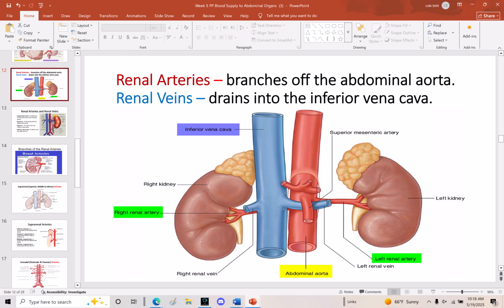The reason this is part of the digestive drainage to the liver is because of the red blood cells. You're taking worn-out red blood cells and sending them over to the liver, and they're made into what's called bilirubin.